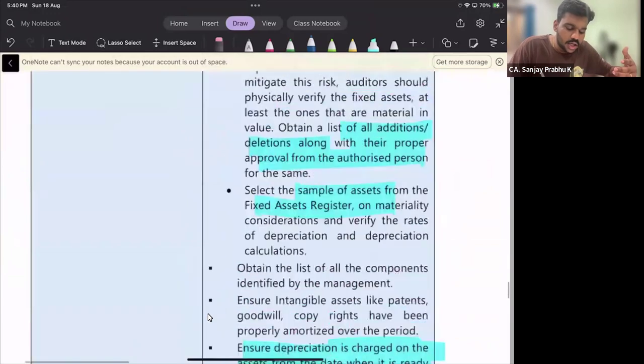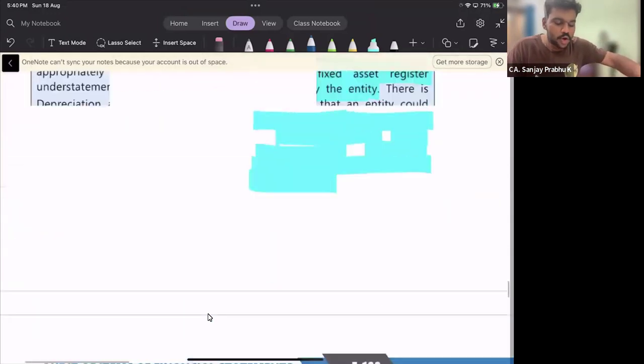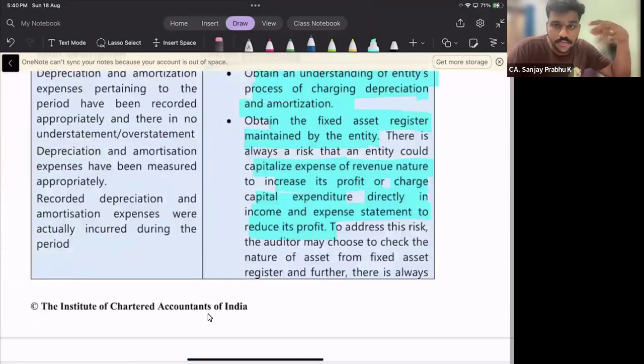First, you have to obtain an understanding of which method has been used by the management. Then obtain the list from the fixed asset register. You have to see how many assets have been purchased during the year and how many have been sold off, and ensure that proper authorization was received before purchase or disposal. See whether the method used for charging depreciation is consistently applied.